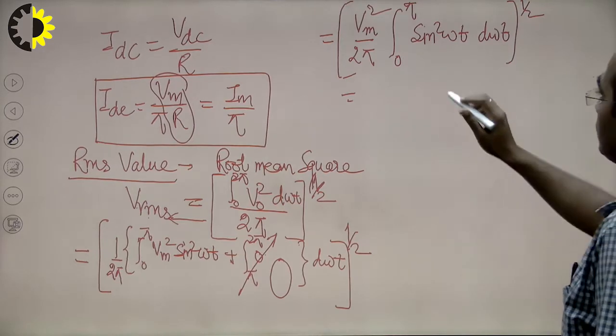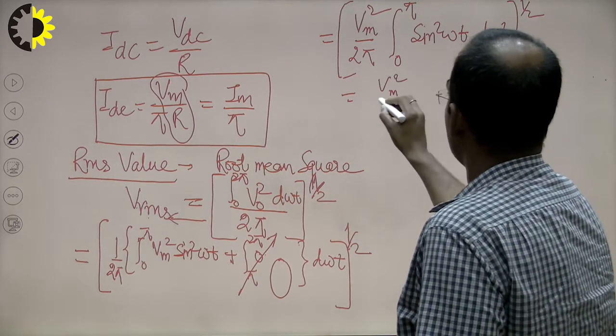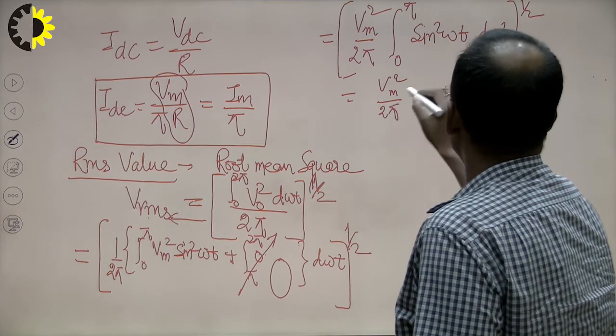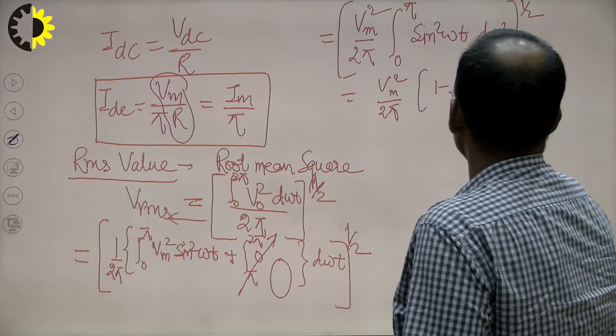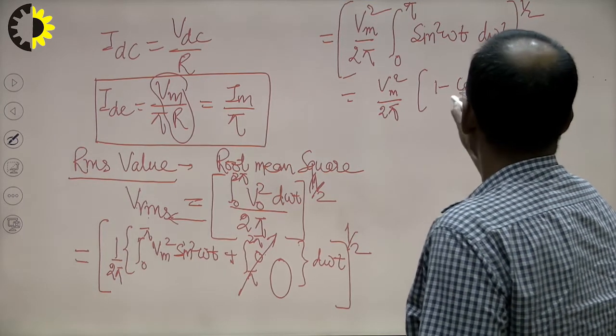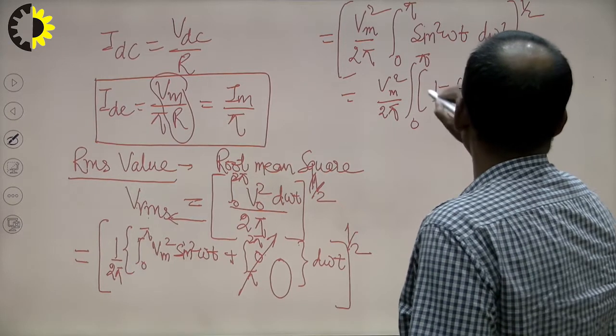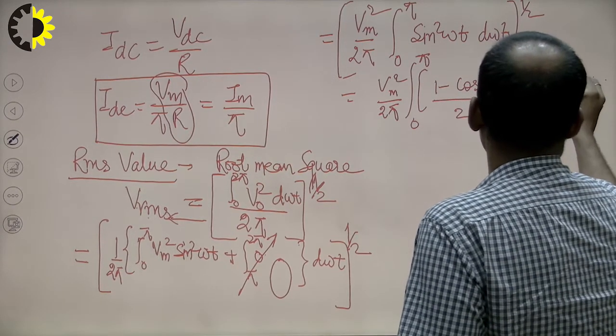So, for solving this sin square omega t, I can break this as Vm square upon 2 pi, 1 minus cos 2 omega t divided by 2, integrating from 0 to pi d omega t.